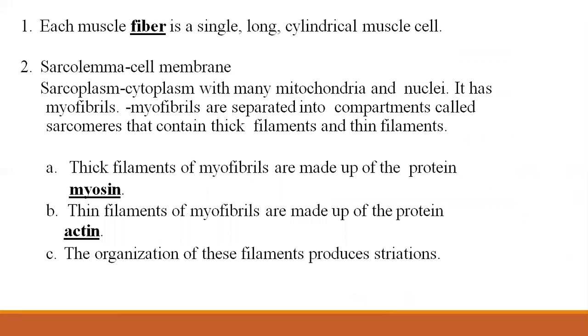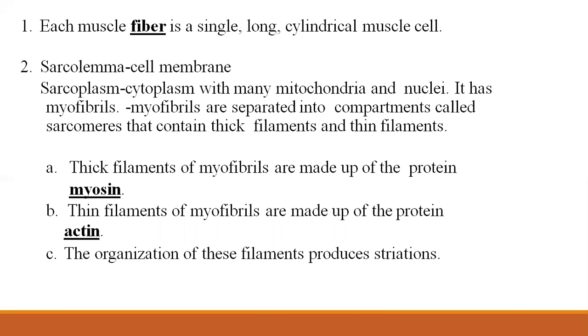Each muscle fiber is a single long cylindrical muscle cell with a cell membrane, the sarcolemma, and the sarcoplasm, which is cytoplasm with many mitochondria and nuclei. It has myofibrils. Myofibrils are separated into components called sarcomeres that contain thick filaments and thin filaments. Thick filaments of myofibrils are made up of the protein myosin.